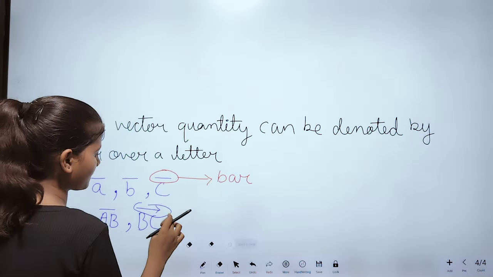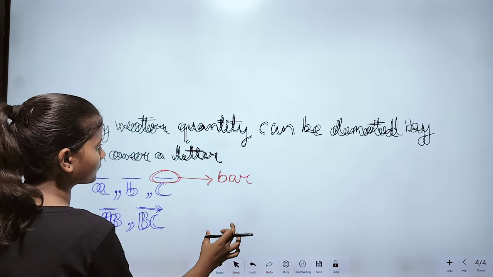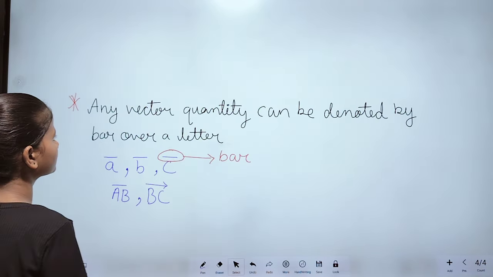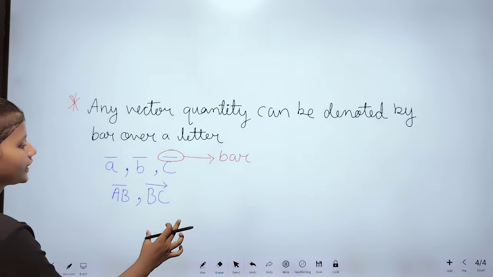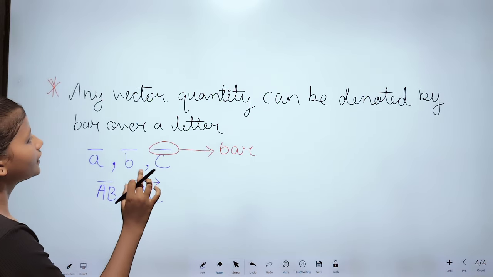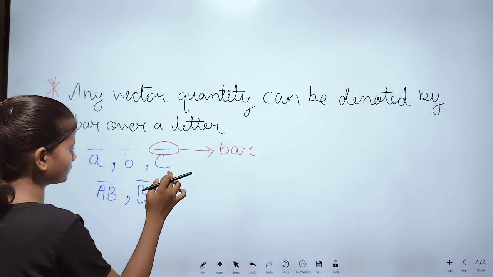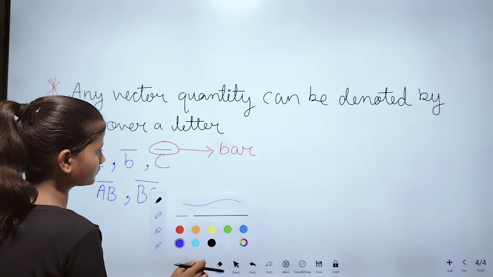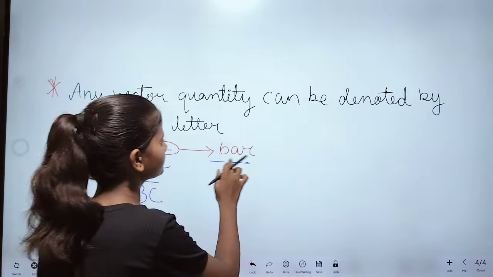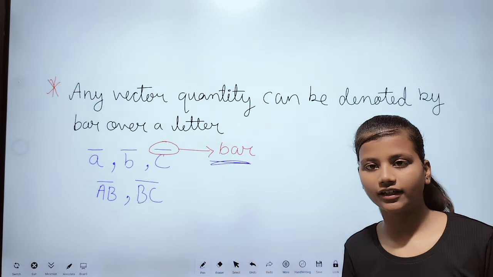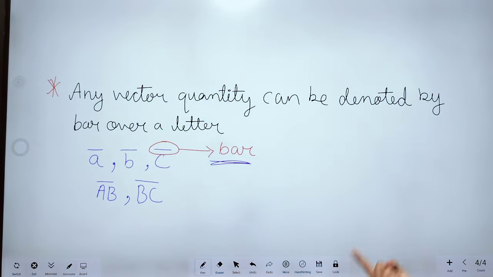Okay, both are correct. Any vector quantity can be denoted by a bar over a letter, but this one is an arrow, and this one is known as a bar. Okay, so any vector quantity can be denoted by an arrow over a letter. Any vector quantity can be denoted by a bar over a letter.